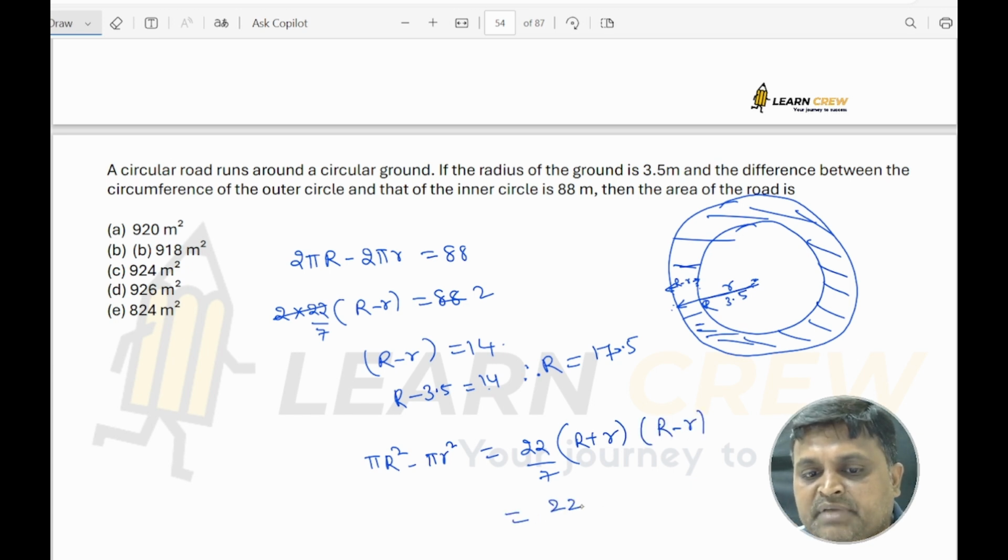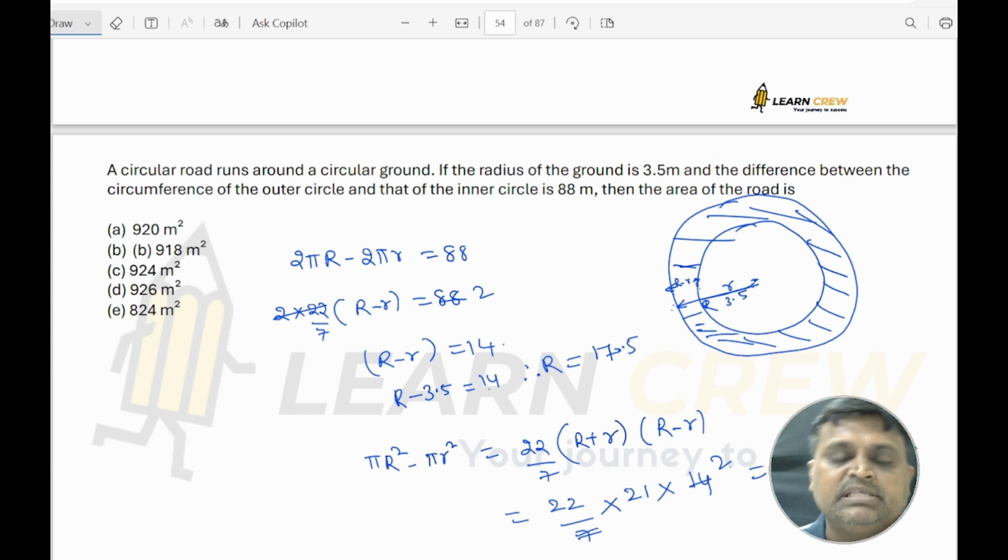So 22 by 7 into 21, since 17.5 plus 3.5 is 21, and capital R minus small r is already 14. So 7 2s are 14, 21s are 462. 462 2s are how much? 924. So 924 meter square is the answer.